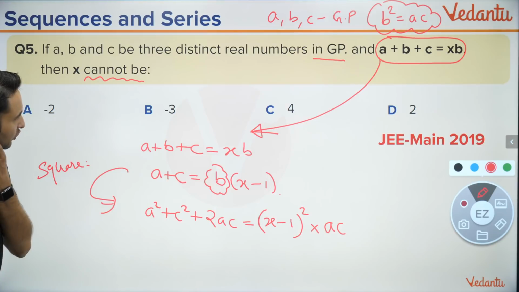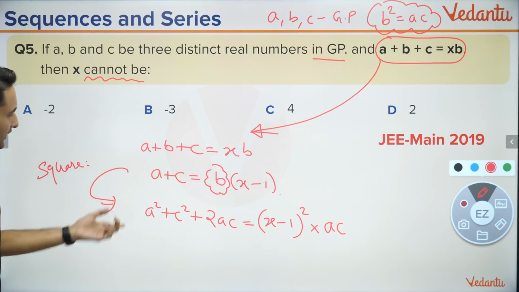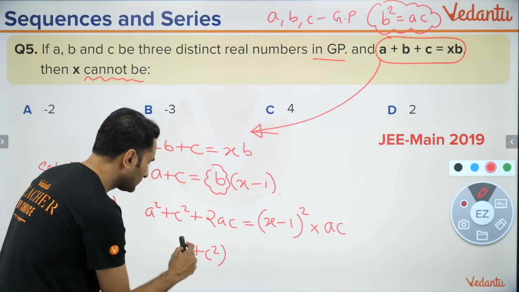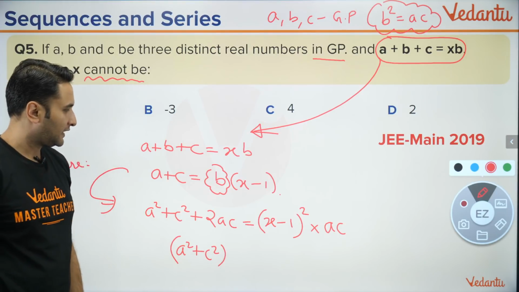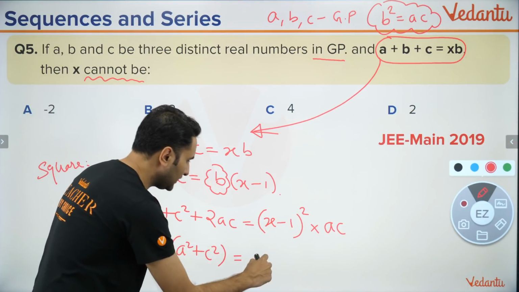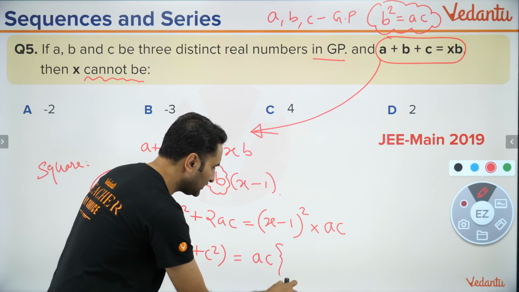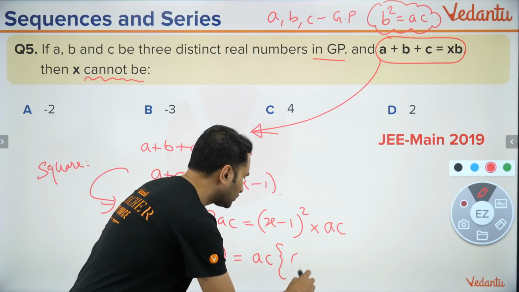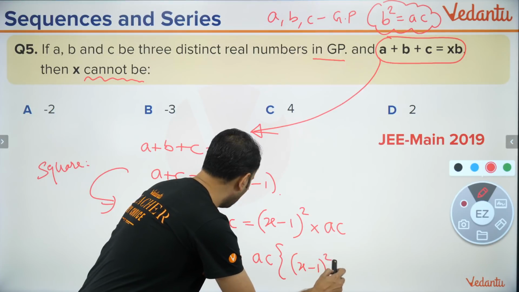What do I get from here? I get A square plus C square is equal to, क्या हो जाएगा? If I take AC common, I am taking it that side, AC common, बच्चों कितना हो जाएगा? X minus 1 whole square minus 2.